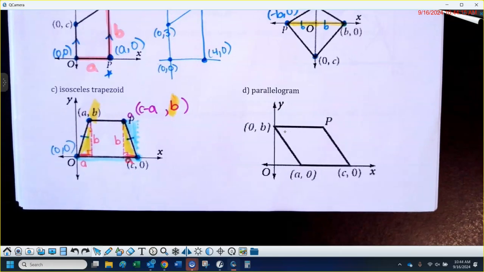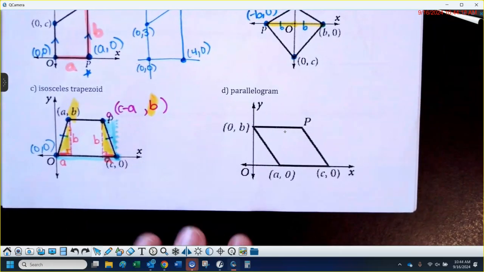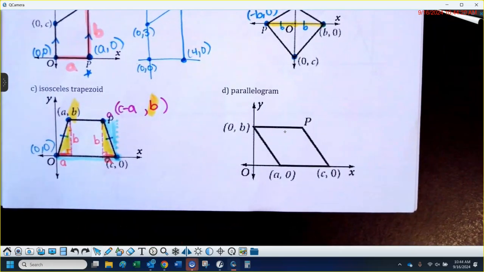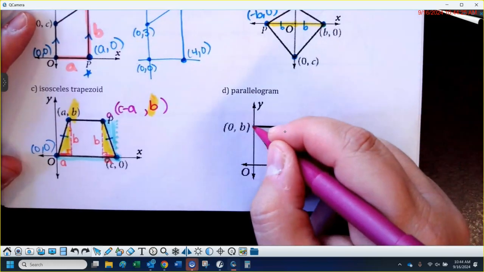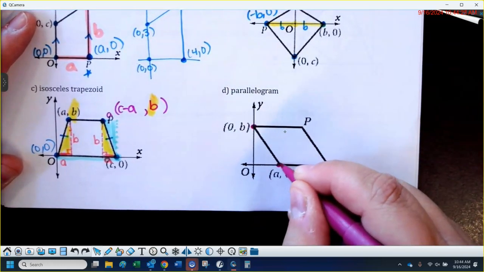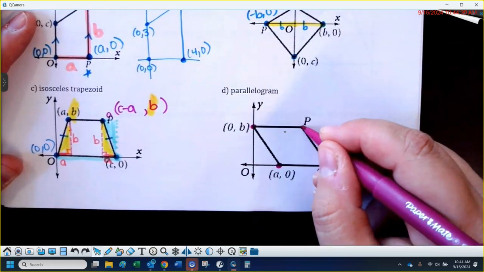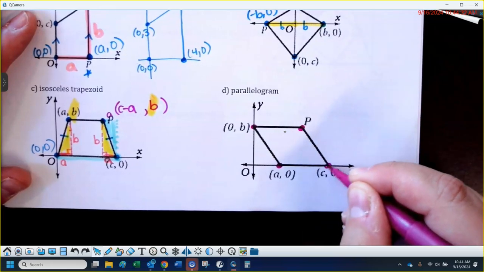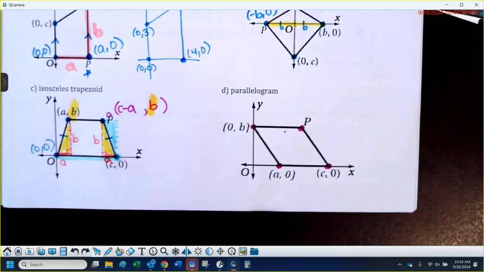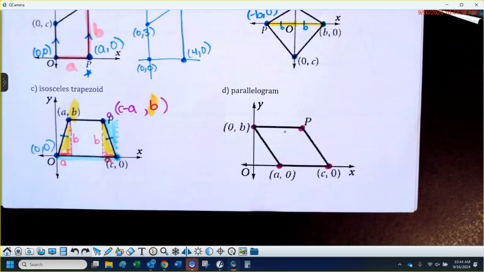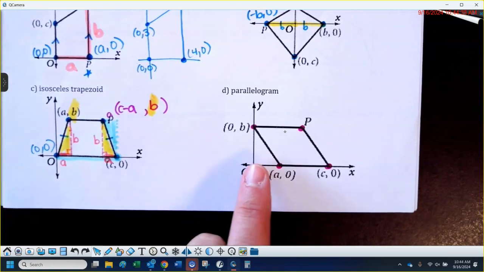Let me have you look at the one next to it because it's super similar. This is a parallelogram. And let me see, what points do we have here? We have 0,B. We have A,0. We're going to find point P in a second, and this is C,0. I'm going to kind of do the same thing I just did in the last question.